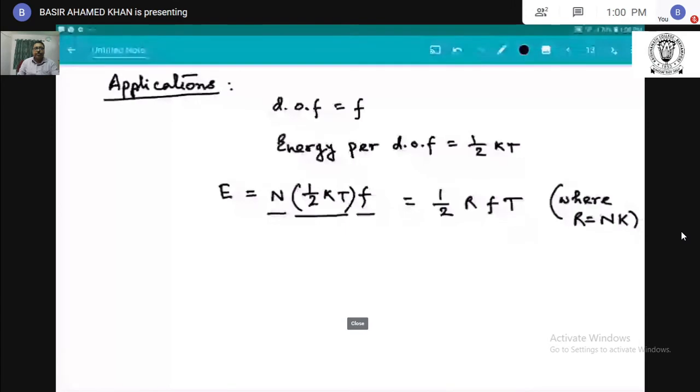R is the constant. Therefore, here we write Cv equal to dE/dT at constant V equal to half R f.